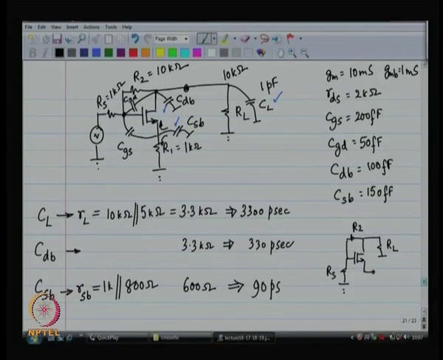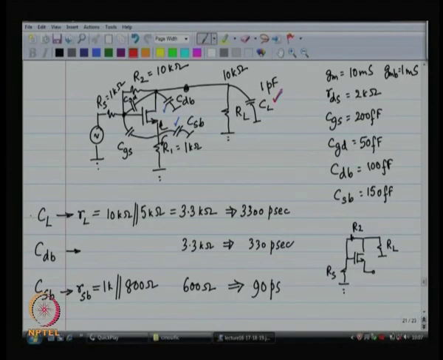So, what we were discussing in the previous class, we used the method of OC time constants to figure out the different time constants. We had worked on a few of the parasitic capacitors and the load capacitor. We had not really finished our work.